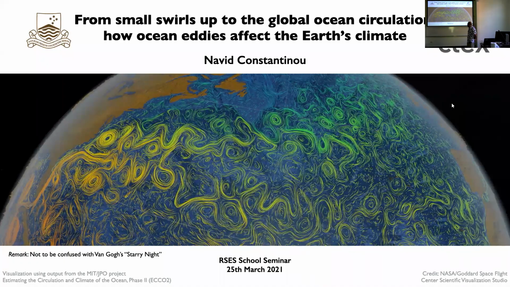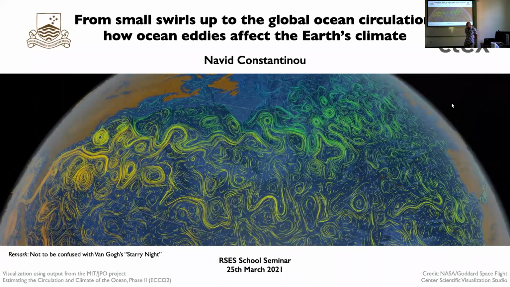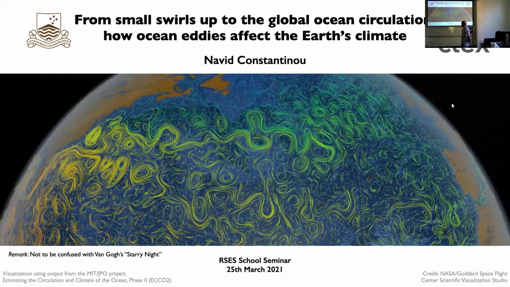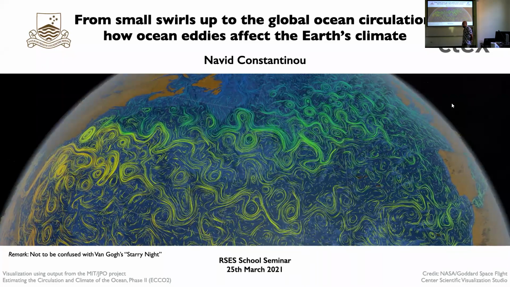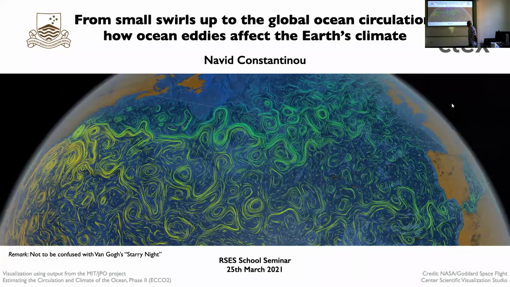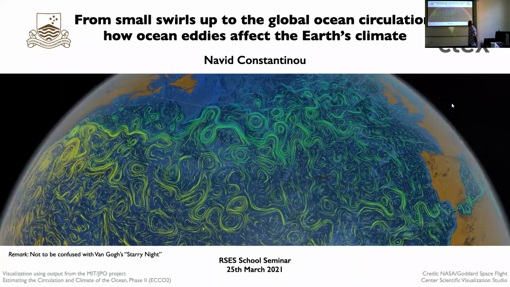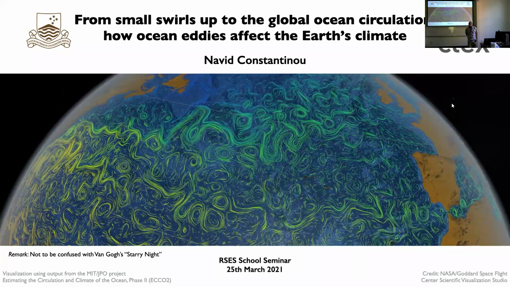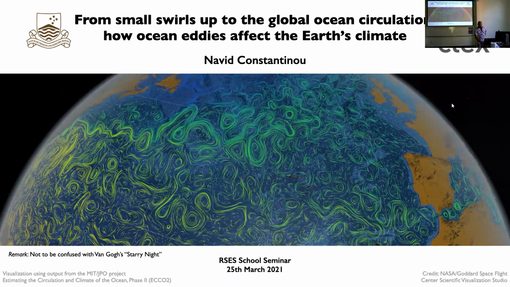But together with this big feature come all these round swirls, we call them eddies, which make the ocean flow look marvelous, but also create a lot of headaches, as I mentioned in my abstract.